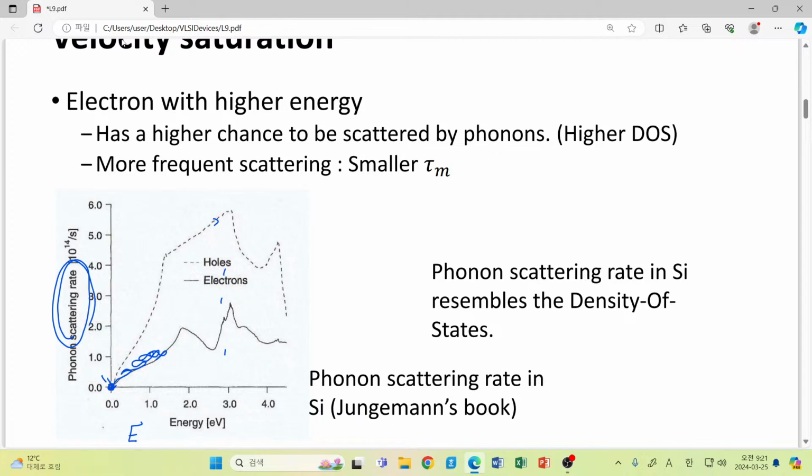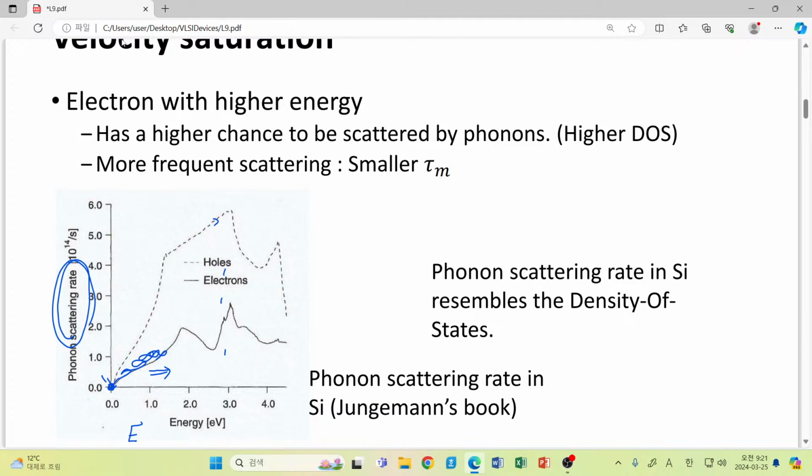That kind of motion will happen inside the K-space. And let's assume that this electron is quite lucky and eventually getting more and more energy. Then what will happen?